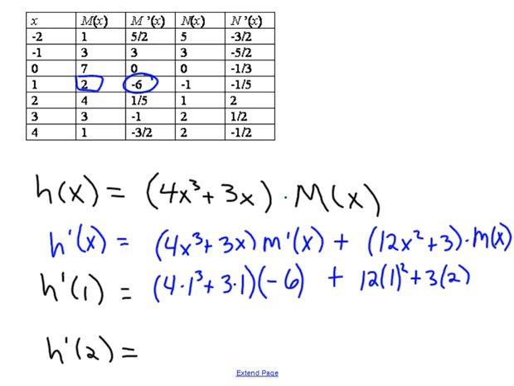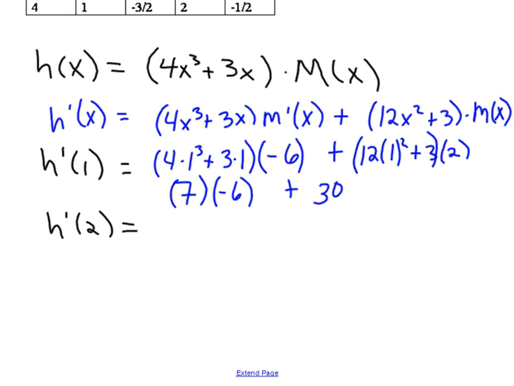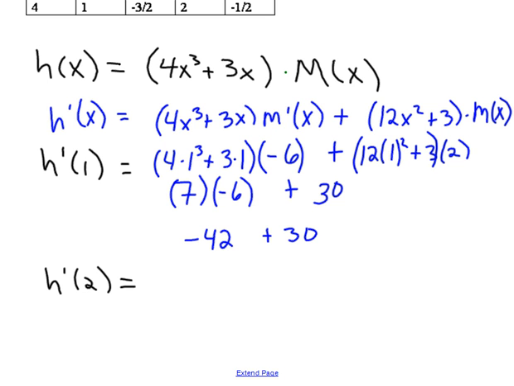And so now I have 4 plus 3, which is 7, times -6, plus, I should use parentheses over here, that was incorrect, 12 plus 3, which is 15, times 2, which is 30. So then I have 7 times -6, -42, plus 30, and that's going to result in -12.